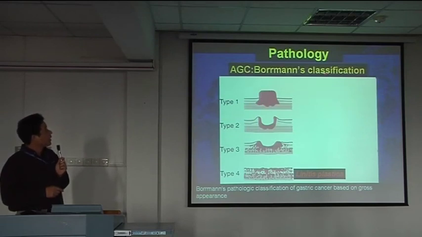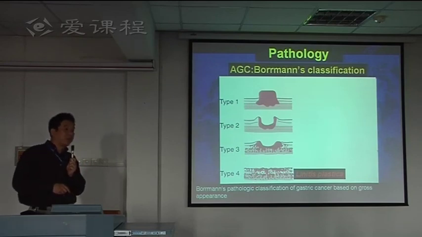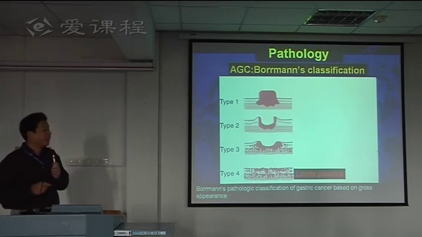This is Bowman's classification. Bowman type 1 is a mass. Type 2, there's an ulcer. Type 3, there's an ulcer and infiltration into the adjacent tissues. Type 4, all layers have been infiltrated.